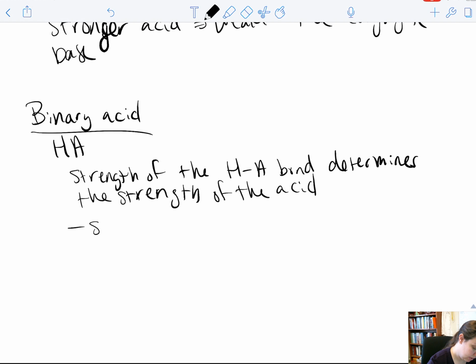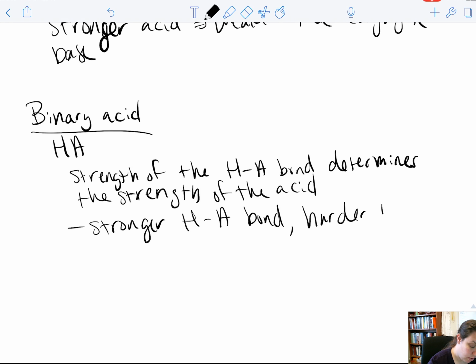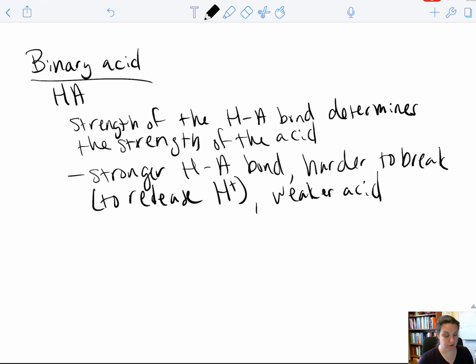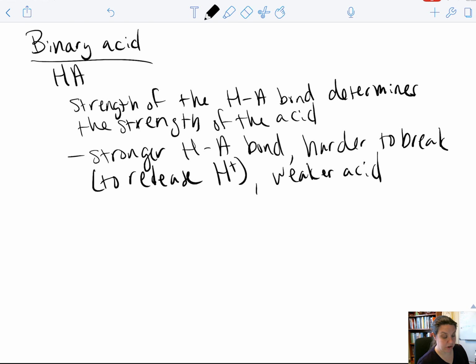So, stronger HA bond, harder to break, to release H plus, weaker acid. Okay, so the stronger the bond, the weaker the acid will be.